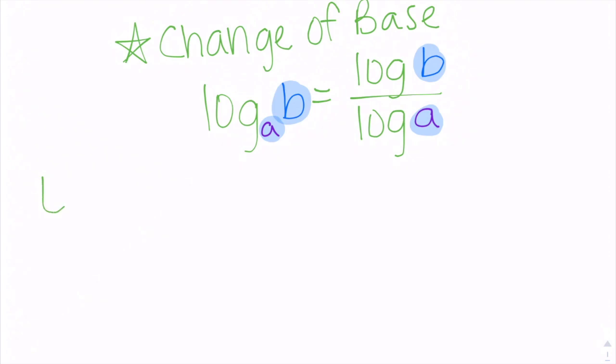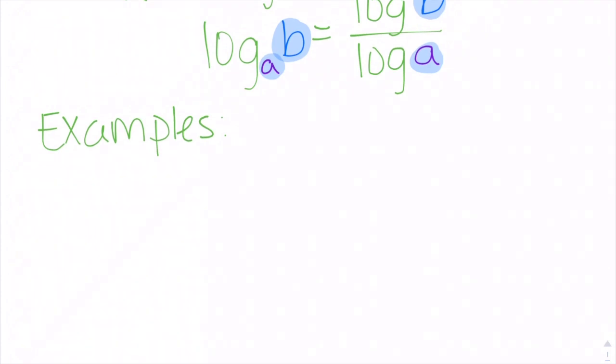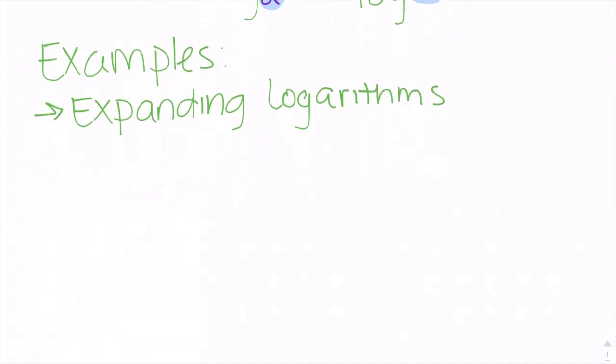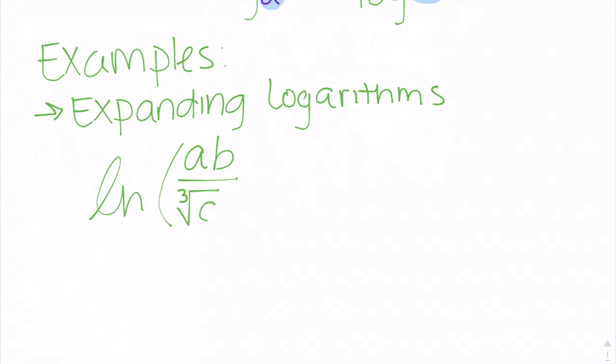And now some examples using these laws. And so the first example we're going to do is going to be expanding logarithms. And so I'm going to give you the logarithm, the natural log of A times B divided by the cubed root of C. And so the first step we want to do is we want to take care of the division.